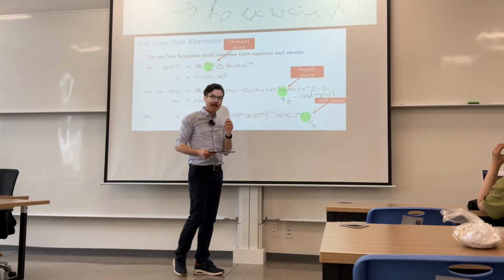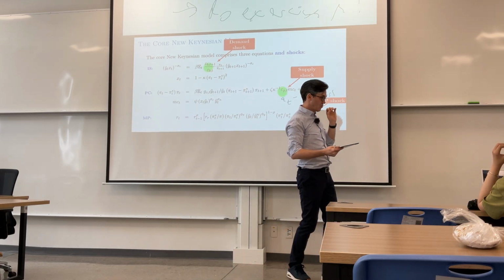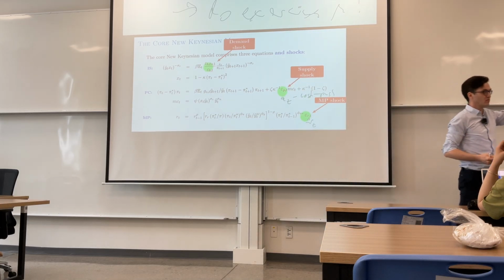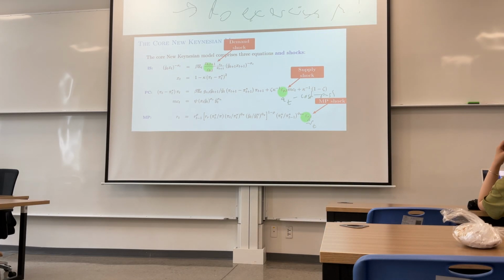Agents, looking through time, say, oh, in 50 years from now, the world is going to look so great. I'm going to be so rich in 50 years, according to the model. And I want to smooth my consumption, right? I know in 50 years I'm going to be rich like hell, but right now I'm relatively poor.